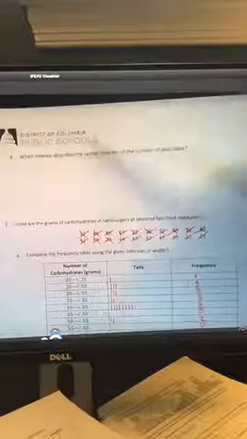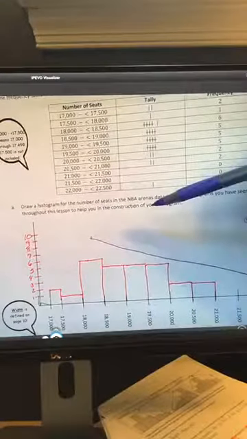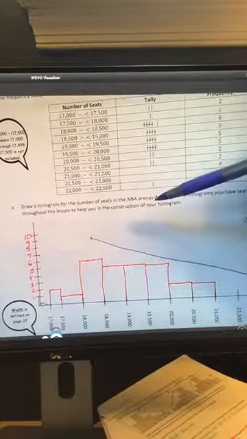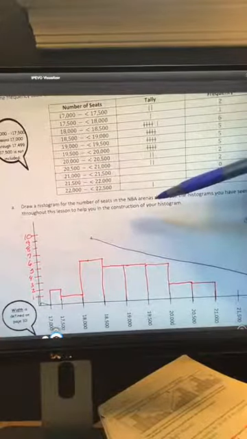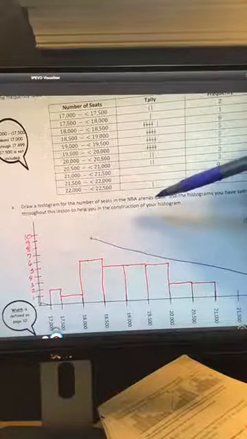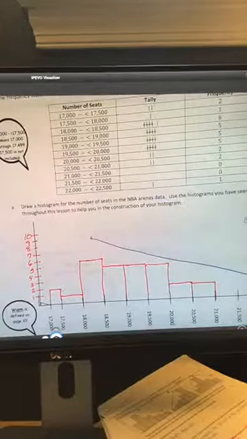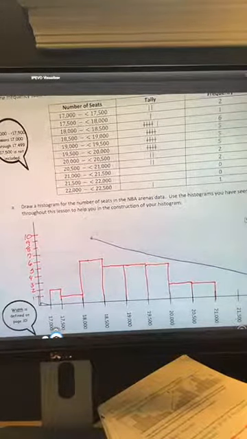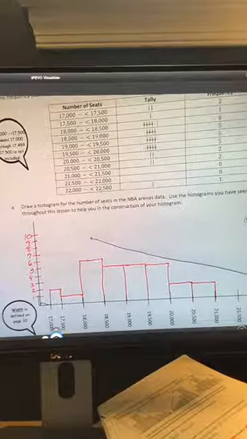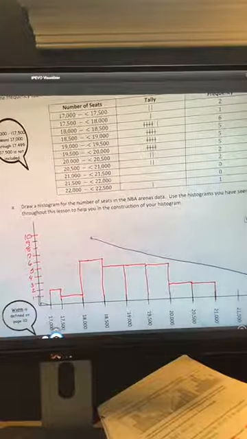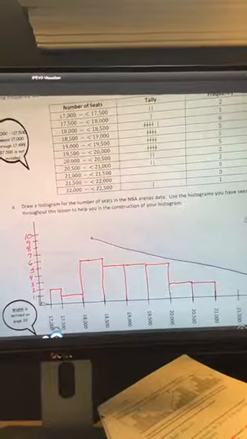But the question says, which interval? So we have to find which... Hold on, guys. Yeah, okay. Yeah, we did that right. 14.5.